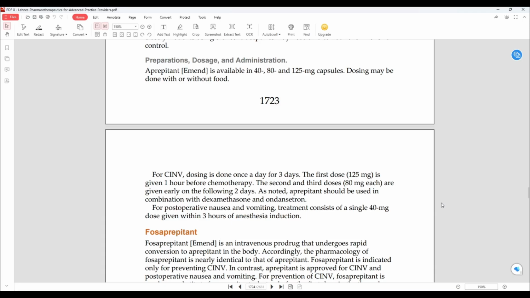The second and third doses are 80 milligrams each and are given early on the following 2 days. As noted, aprepitant should be used in combination with dexamethasone and Zofran. For postoperative nausea and vomiting, treatment consists of a single 40 milligram dose given within 3 hours of anesthesia induction.